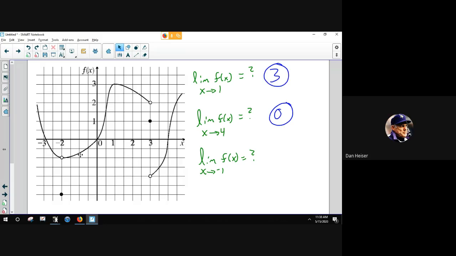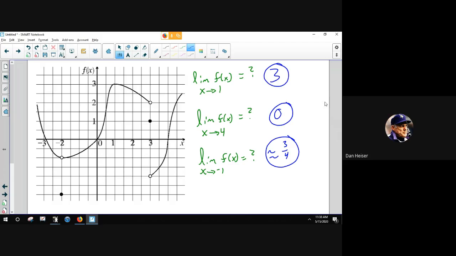So about 3/4. As I approach from this way, get really, really close to negative 1. Looks like we're approaching the same y value. So we'll say about 3/4. Sometimes we have to estimate. 3/4 is a pretty good estimate there.